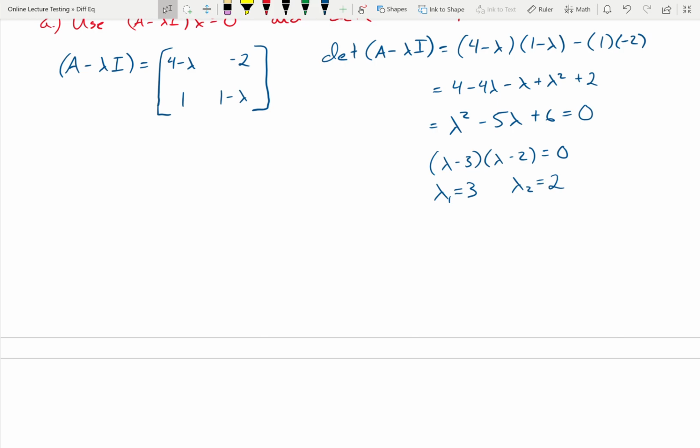So to find the respective eigenvectors, we need to solve the homogeneous system for each eigenvalue. So I'm going to write that in there. If it's been a while, that's great. If you've not seen this before, then we're going to do this by a step-by-step process, so you don't have to worry about that.